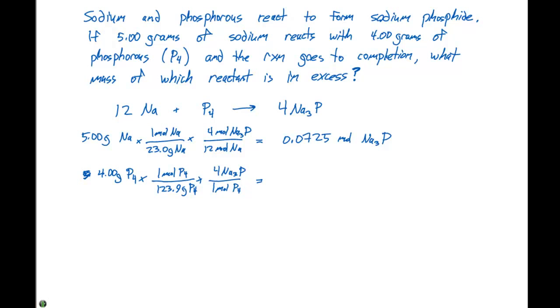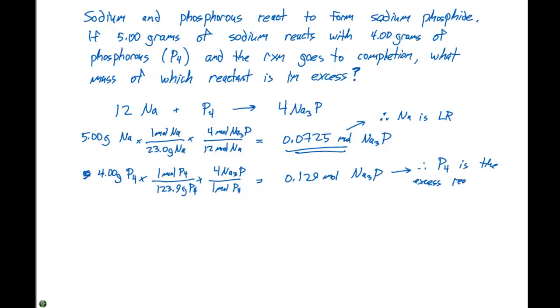When we do the calculation, we get 0.129 moles of Na3P. This tells us that 0.0725 is the smallest number, so therefore the sodium is the limiting reactant. This also tells us that P4 is the excess reactant.